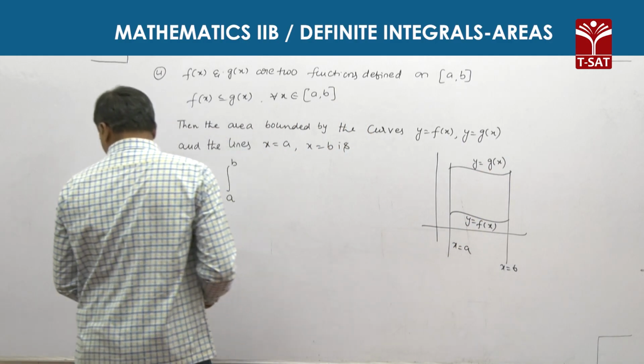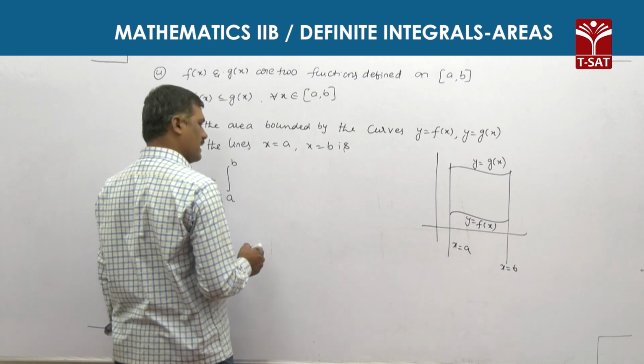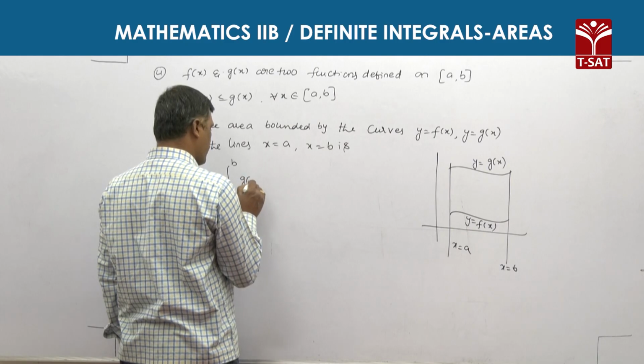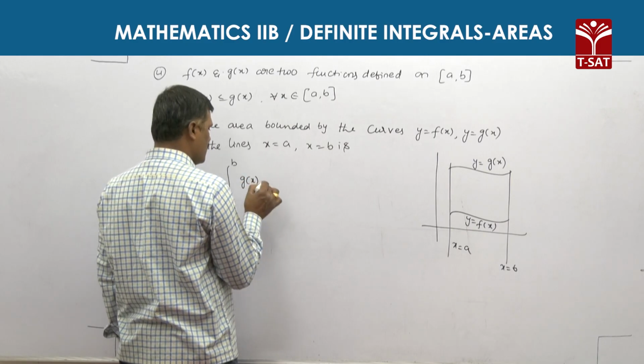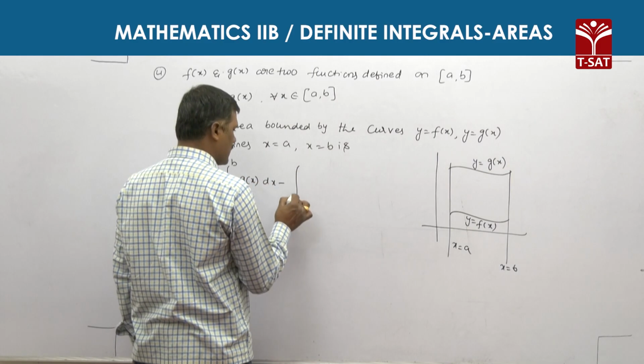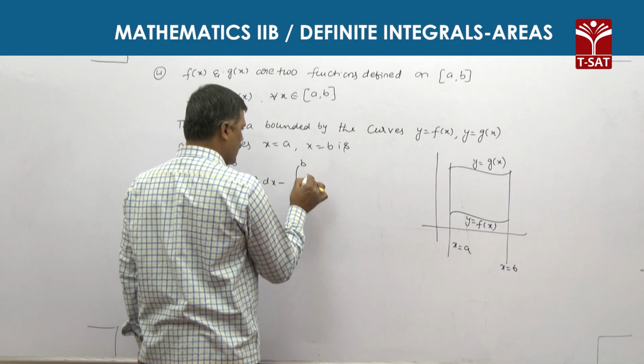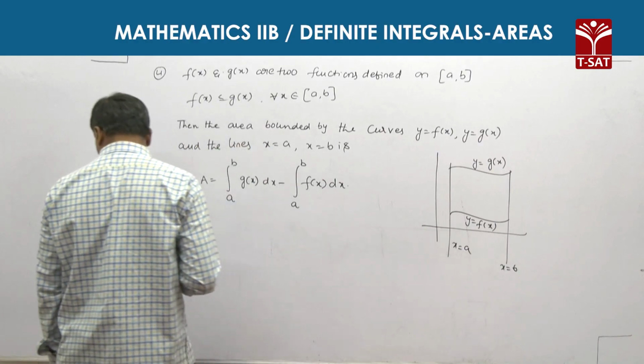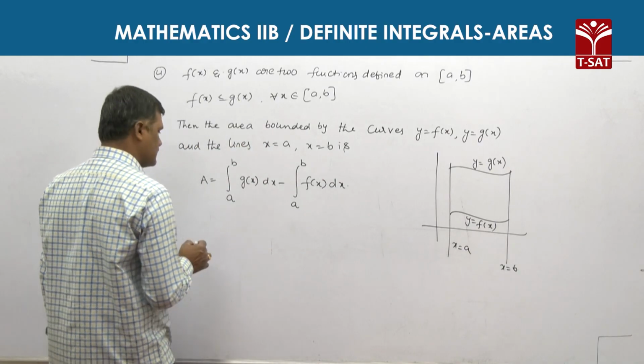So its area is the integral from a to b of g(x) dx, the area of the upper curve, minus the integral from a to b of f(x) dx.